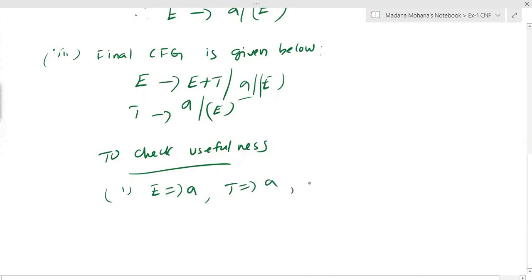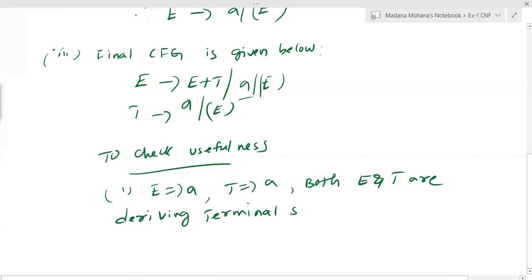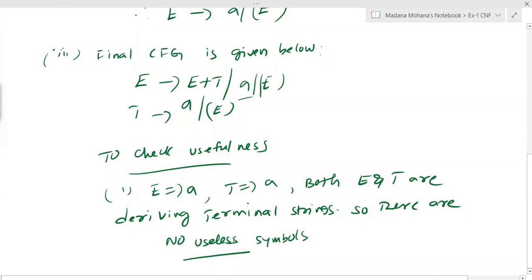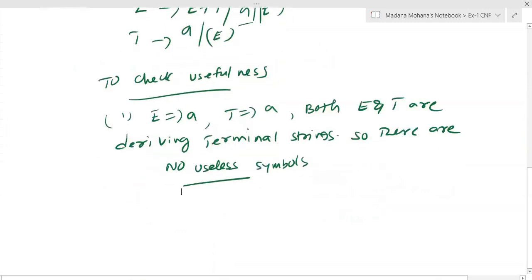So both E and T derive terminal strings. So there are no useless symbols. But you can't stop here; you can proceed to the second aspect.